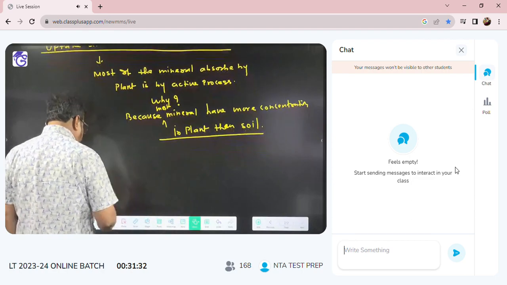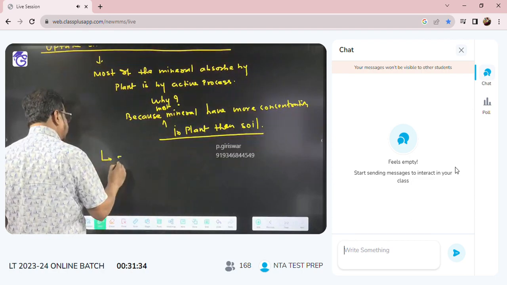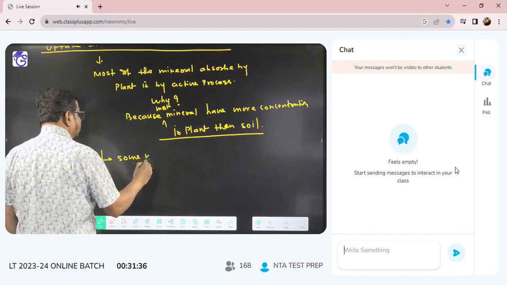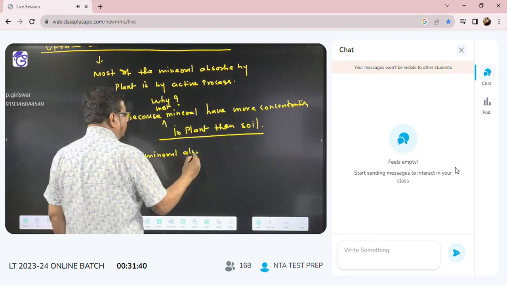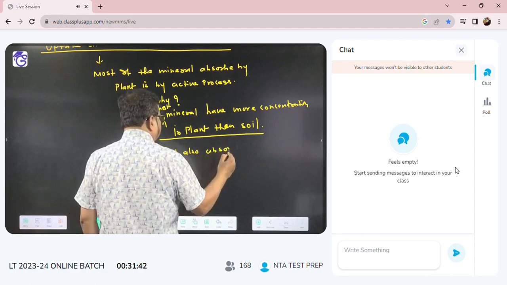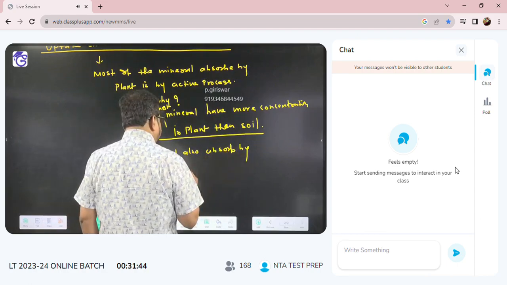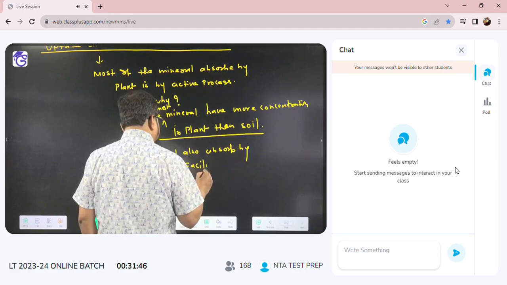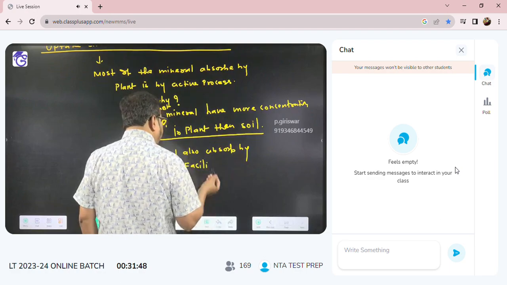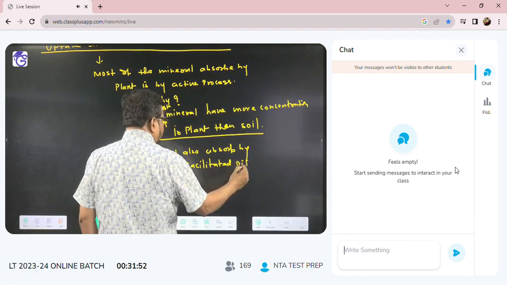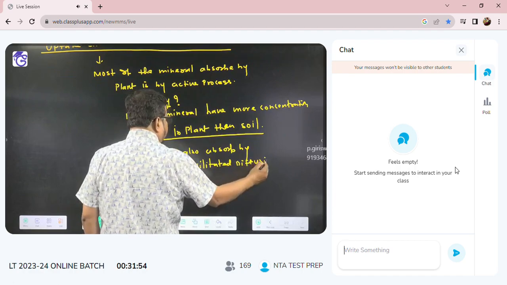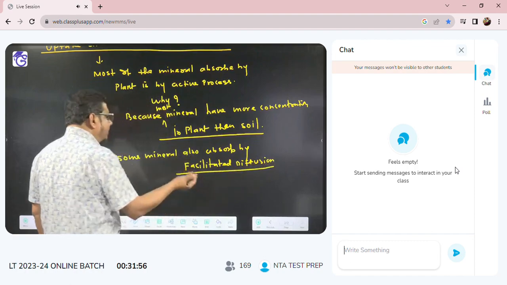And some minerals are also absorbed by facilitated diffusion. It's not like all by active transport. If any mineral is more outside, then it will come by which diffusion?